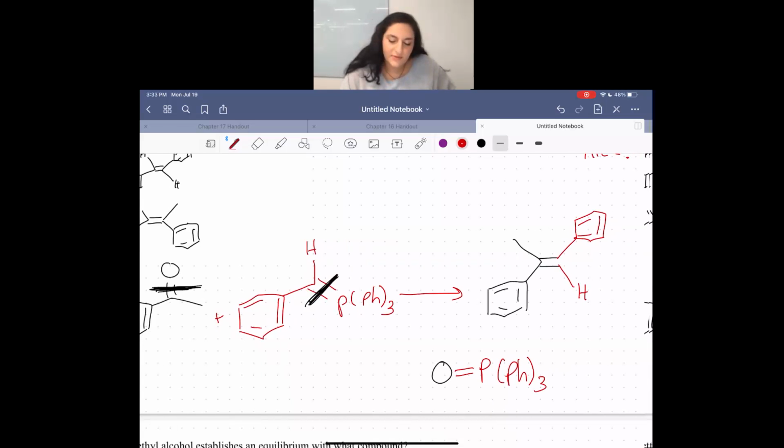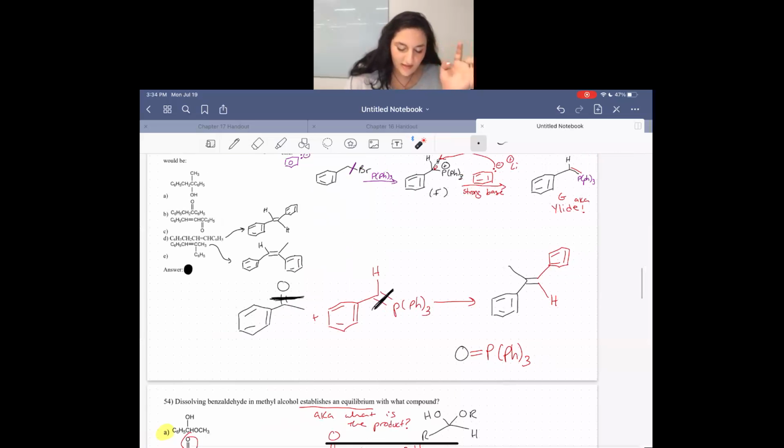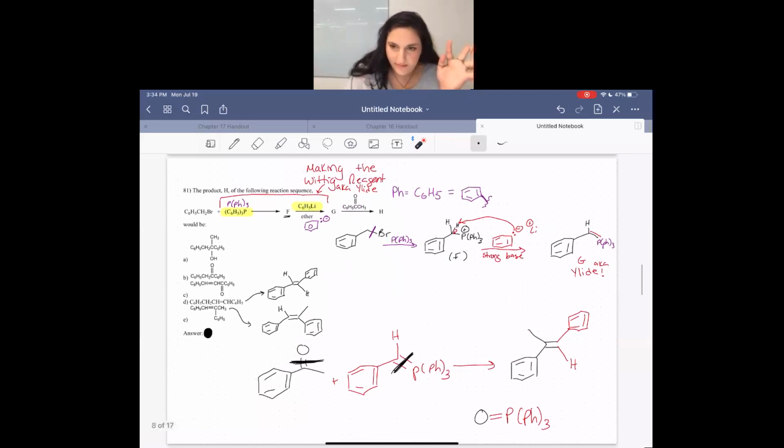The reason I drew it in this orientation is because two benzene rings are very big. I don't want to draw them next to each other. But again, these two can swap places, but these two cannot. Let me just show you what I mean. So this can swap places with this, but this cannot swap places with this. I'm so sorry if that last part was confusing. My brain just left my body for a second.